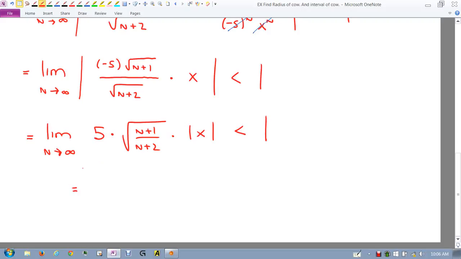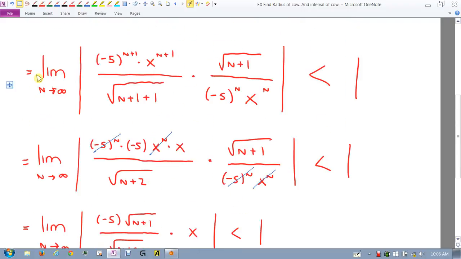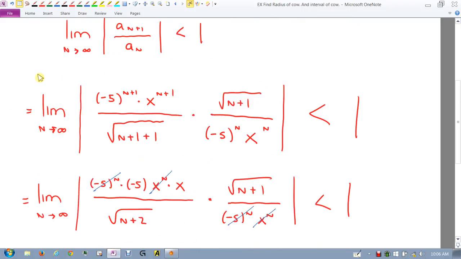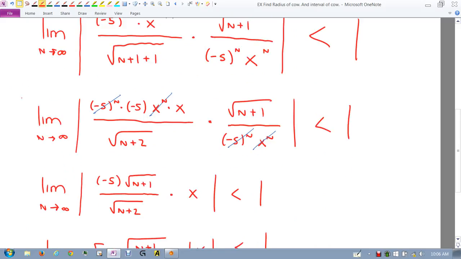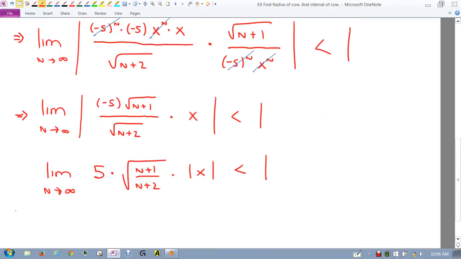I shouldn't have these equal signs here. It's bad notation, sorry. Erase these equals and make them more like arrows. This implies this is true, which implies this is true, which implies this, right?